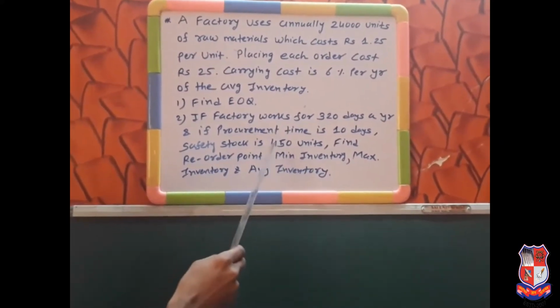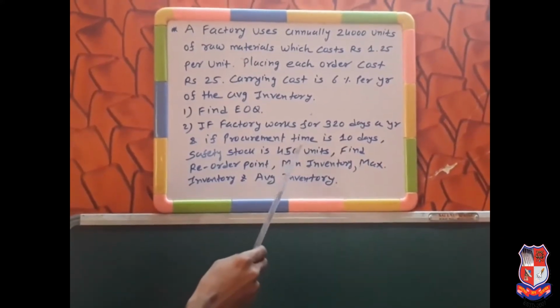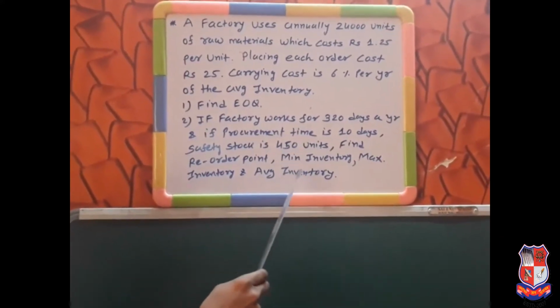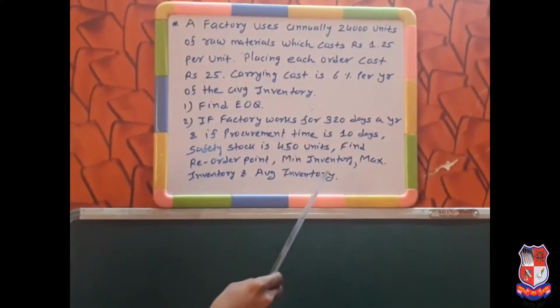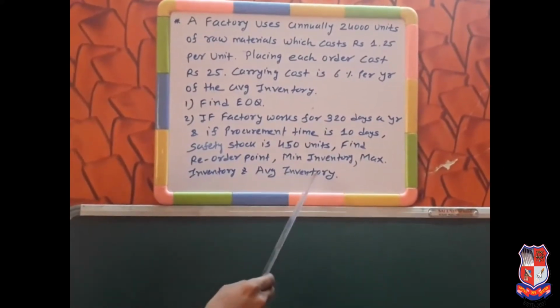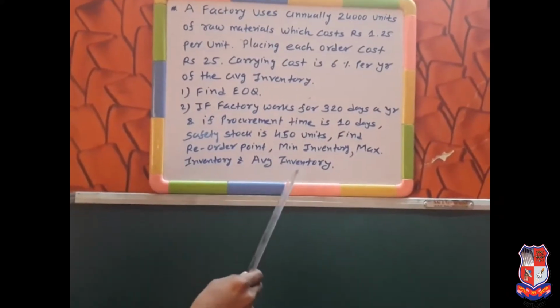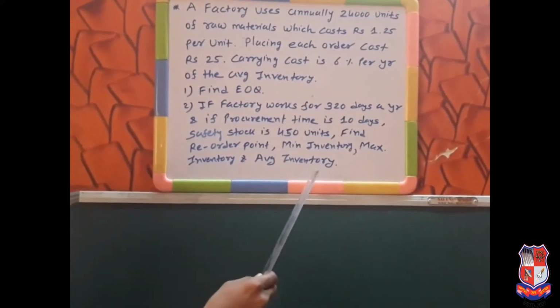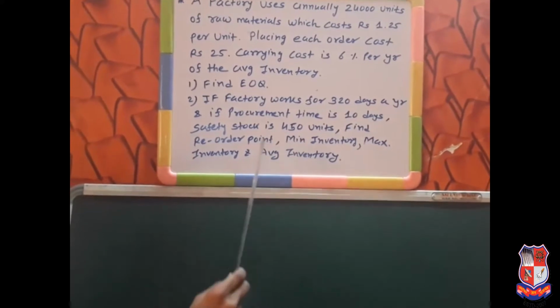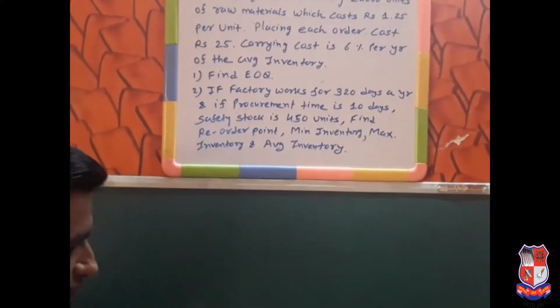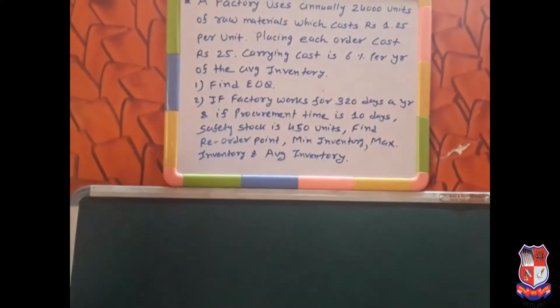Part number 2, if the factory works for 320 days a year and procurement time is 10 days, safety stock is 450 units, find out the reorder level, minimum inventory, maximum inventory and average inventory.